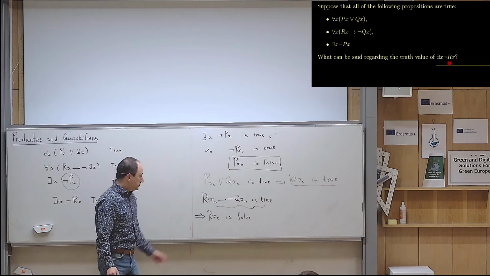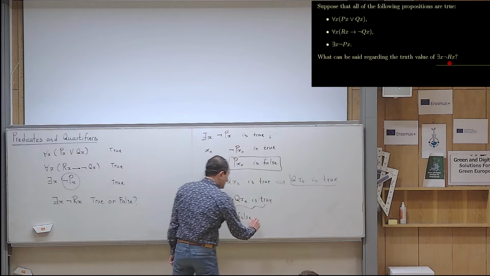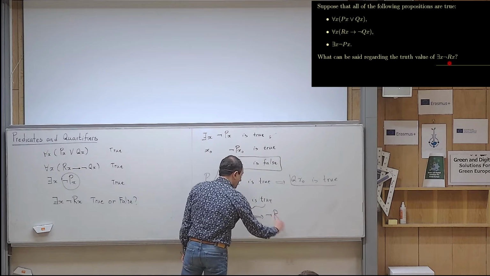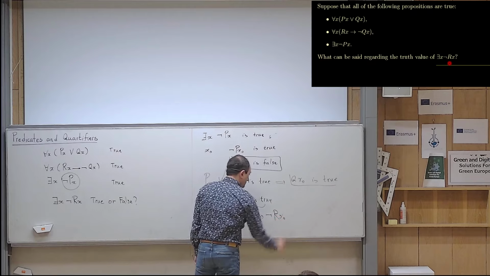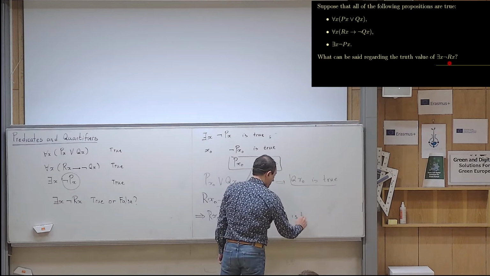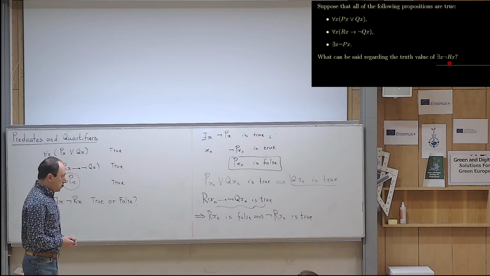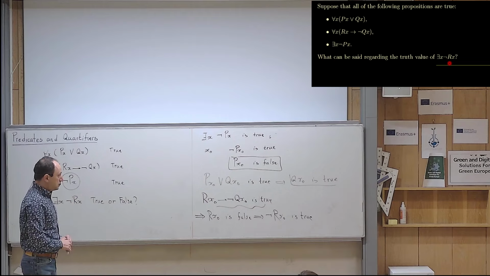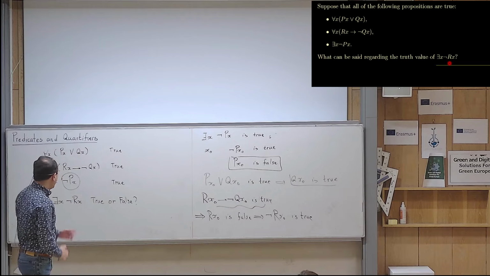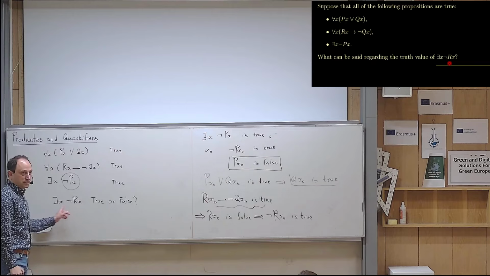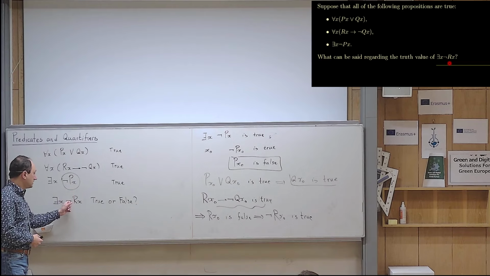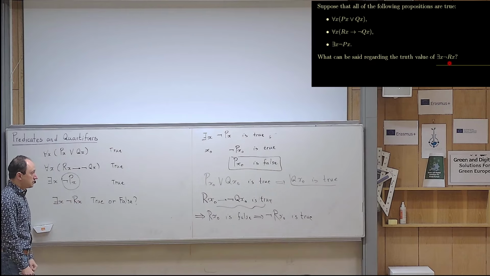Yes? But if R of x naught is false, what can I conclude about the negation of R of x naught? It's true. Okay? So I know that the negation of R of x naught is true. And what does this claim? This claims that there is at least one element in the universe of discourse for which the negation of R of x for that x is true.